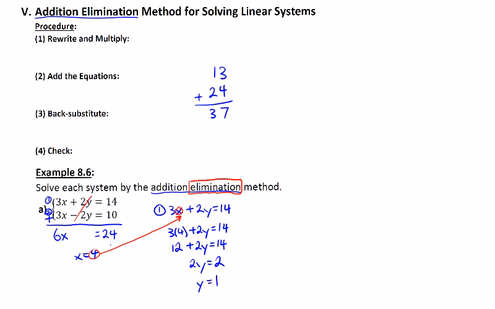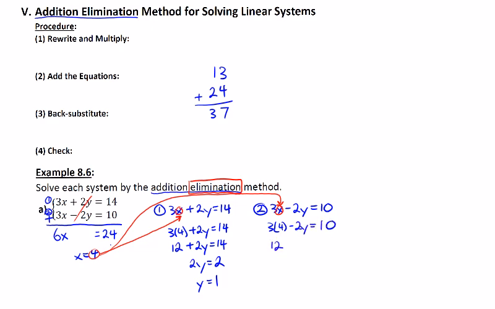And if I've done this correctly, then I could also just as easily plug it into the second equation. I should be able to get the exact same result. So let's take 4, and I'll bring this around here, substitute it in for the x. So 3 times 4 minus 2y should be 10.